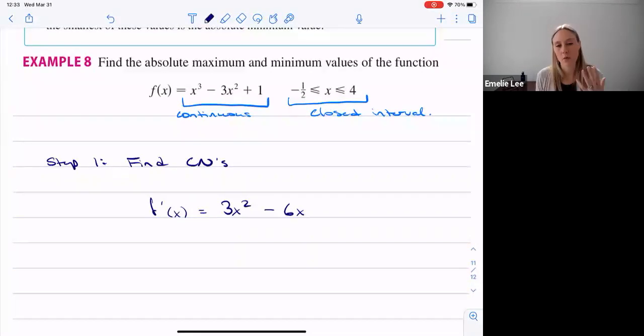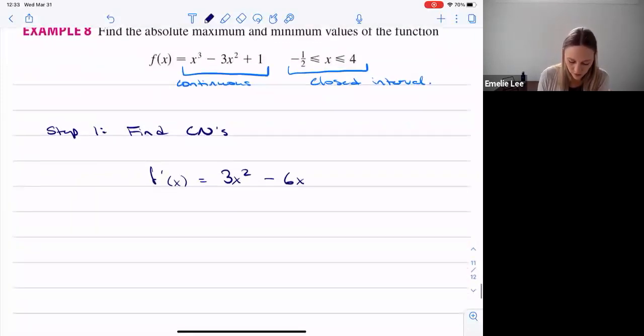You can use the quadratic formula, or I'm going to factor this and get 3x times x minus 2, which just makes it easier.